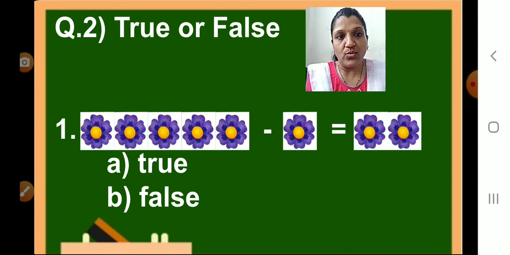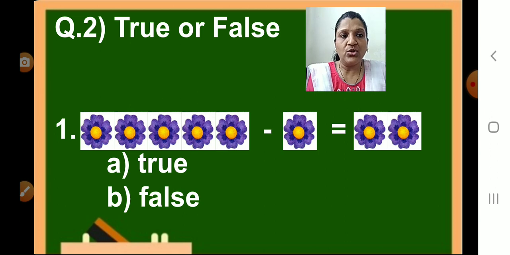Let's read the first question. Here what do you see, children? Yes, it's a picture of flowers. Now in first group, how many flowers you see? 5 flowers. Then it's a sign of subtraction, that is minus. Then next group, there is only 1 flower.